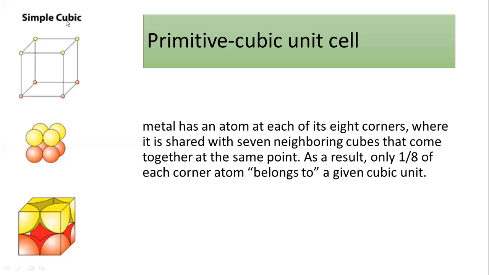But here we are just talking about the primitive or simple cubic unit cell, where only eight corner atoms are present. So this is the shape, and this is the three-dimensional diagram of the simple cubic unit cell.